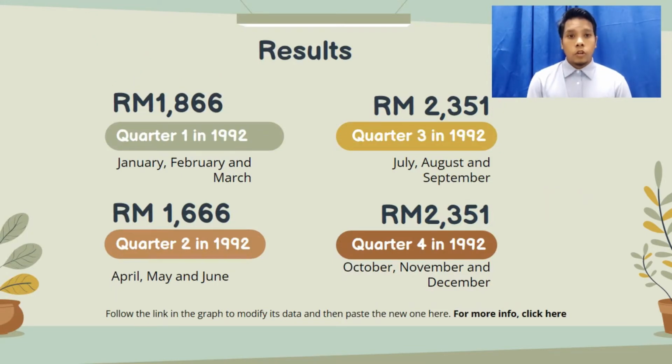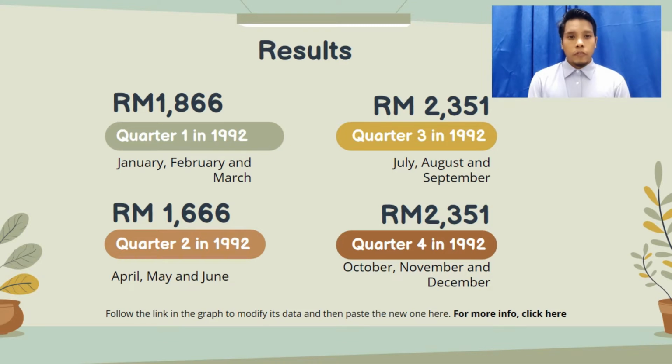The overall sale for the first quarter of 1992, which began in January, February and March, total sale is 1,863 ringgit. The overall sale for quarter 2 in 1992, which began in April, May and June, total sale is 1,663 ringgit. And the third quarter of 1992, we start with July, August and September with total sale of 2,351 ringgit.